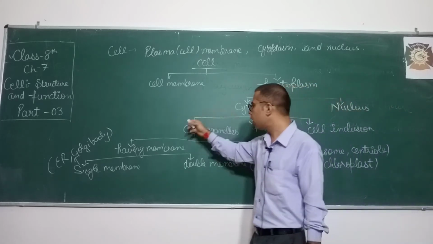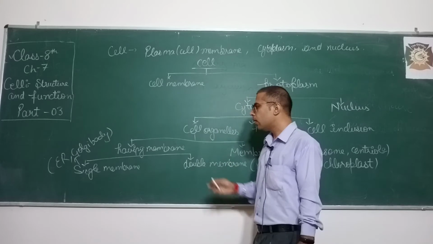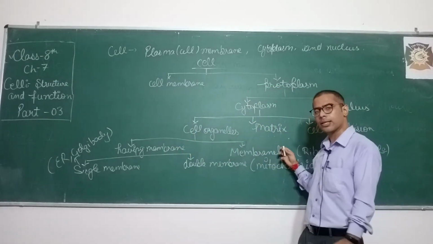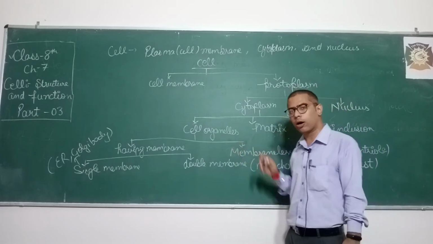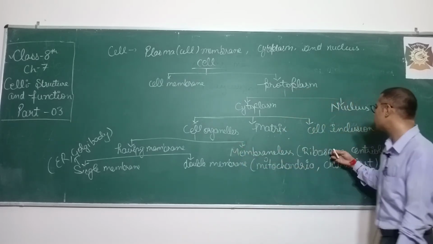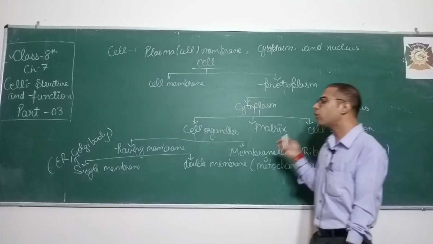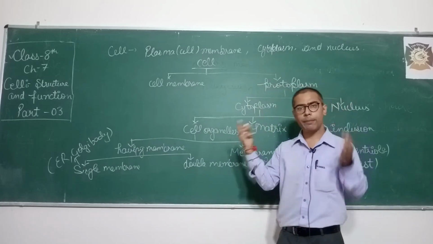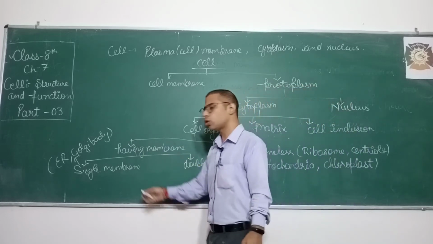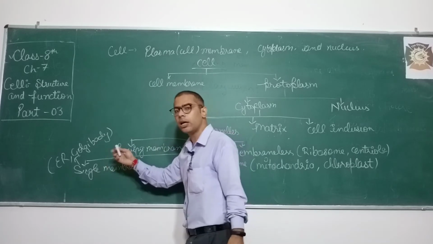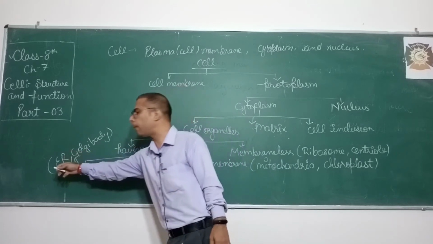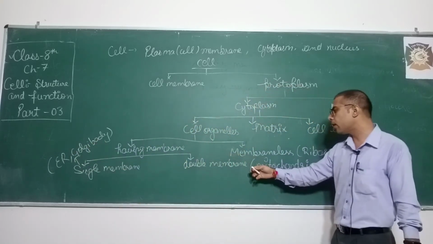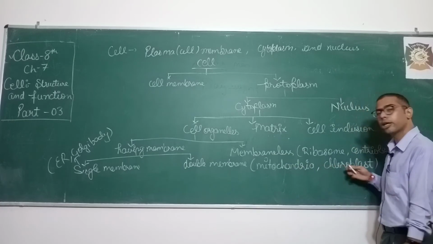Now cell organelles are of two main types: some have a membrane, some don't. Examples of membraneless cell organelles are ribosomes and centriole. Of those which have a membrane, some contain a single membrane and some contain a double membrane. Examples of organelles with a single membrane are endoplasmic reticulum and Golgi body, and with a double membrane are mitochondria and chloroplast.